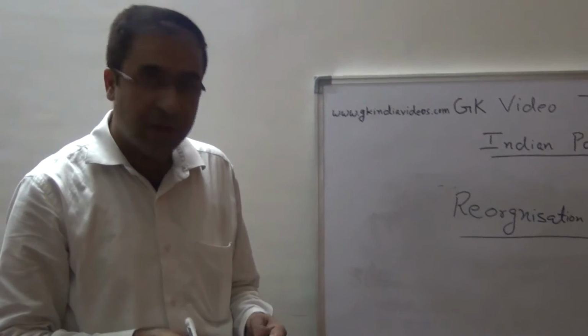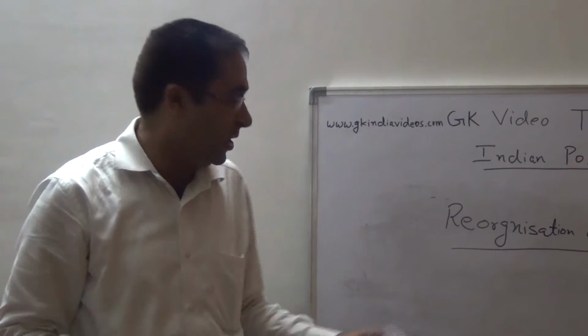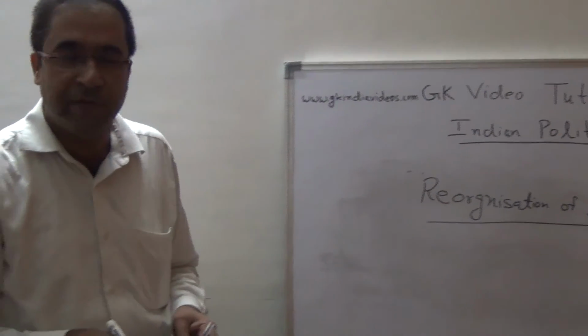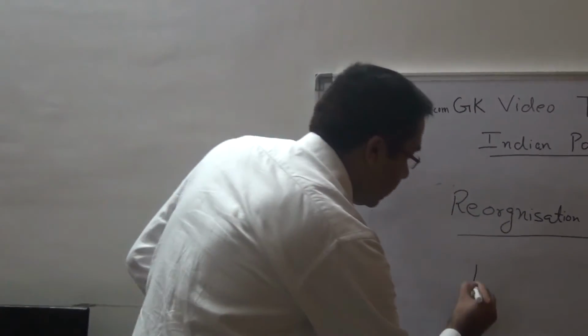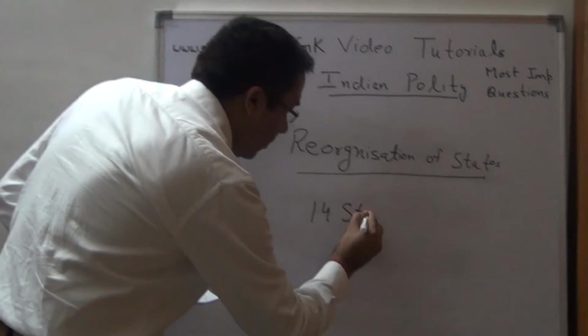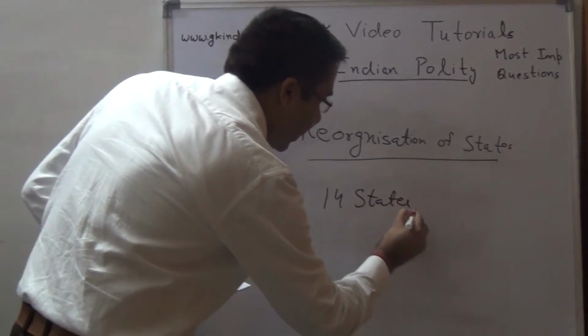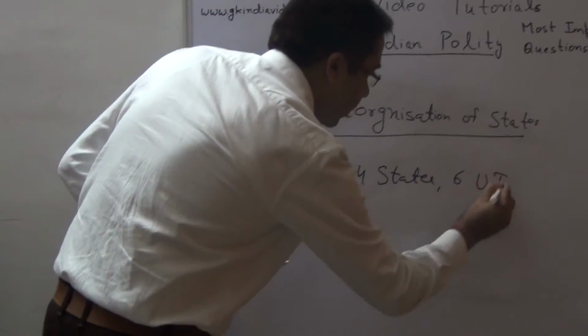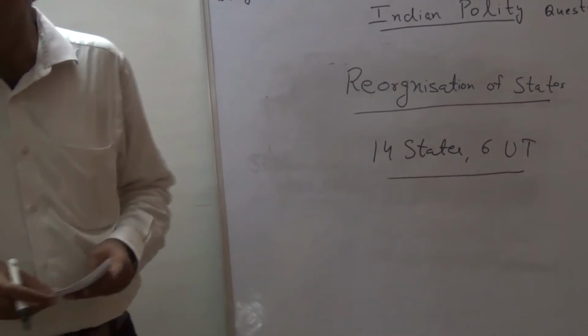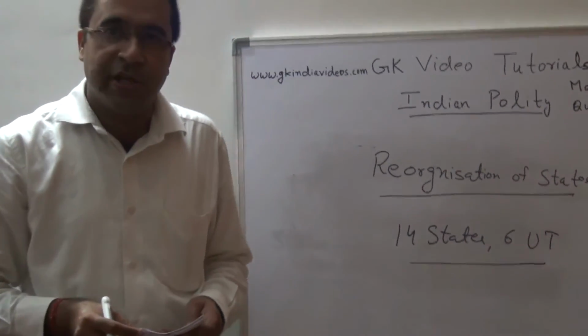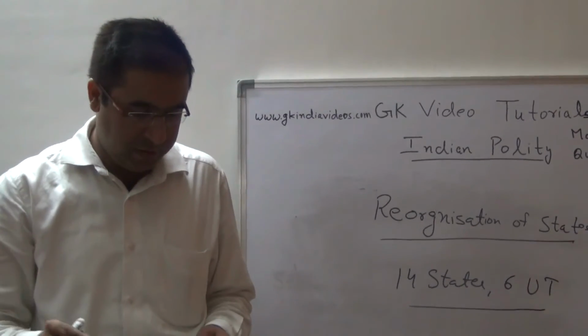Our next question is, how many states and union territories were made by the States Reorganization Act 1956? 14 states and 6 union territories were made by the States Reorganization Act of 1956.